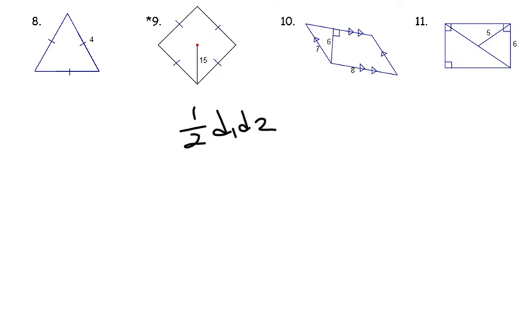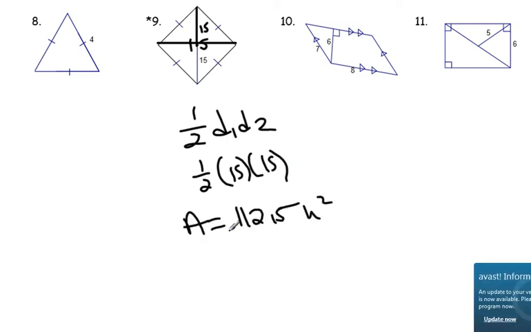So if we extend the diagonals here, this would also be 15, and this would also be 15. So we take 1/2 15 times 15, which gives us 112.5 units squared.